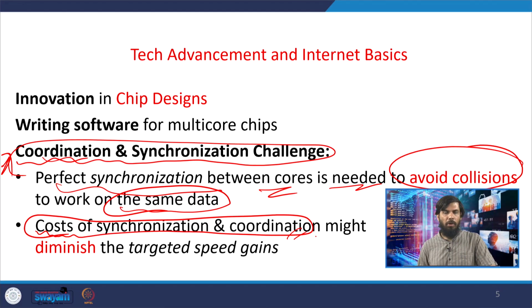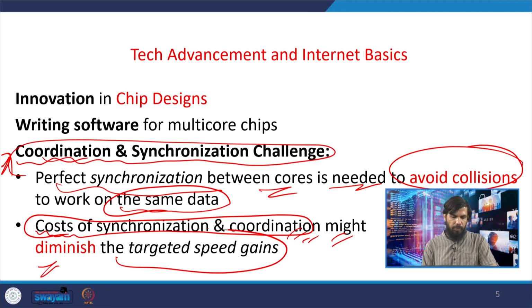We do not want to allow two cores to work on the same data at the same time. So we want to avoid that collision, and therefore the cost of synchronization and coordination is going to be there, and it might in many cases diminish the targeted speed gains.